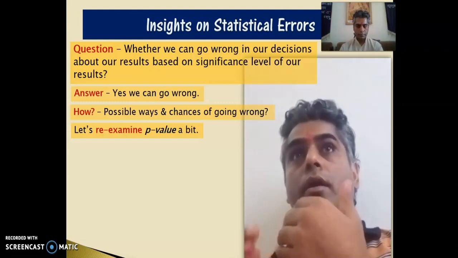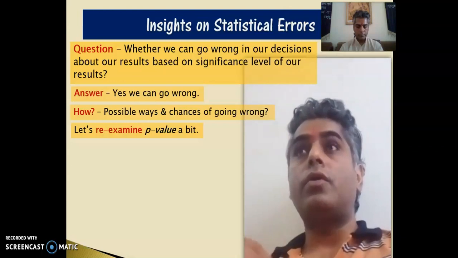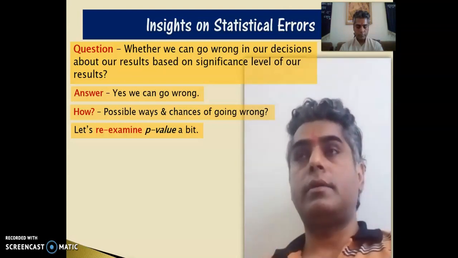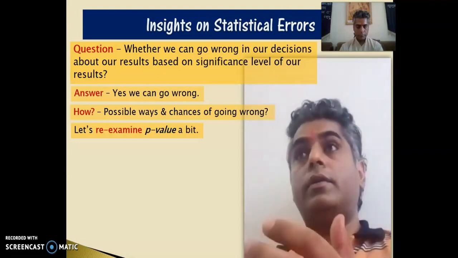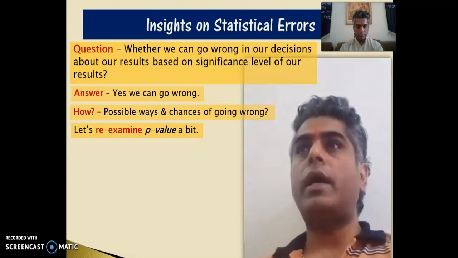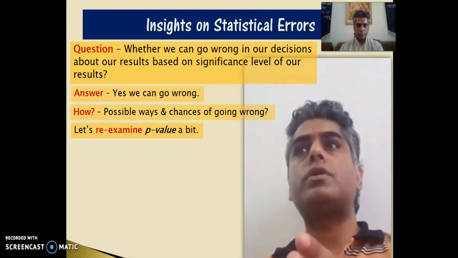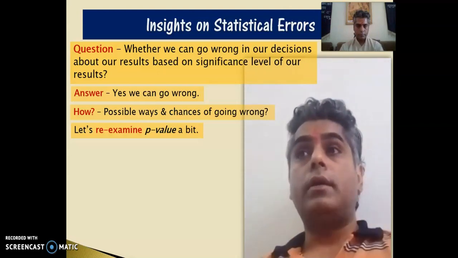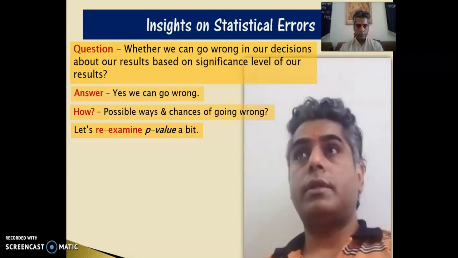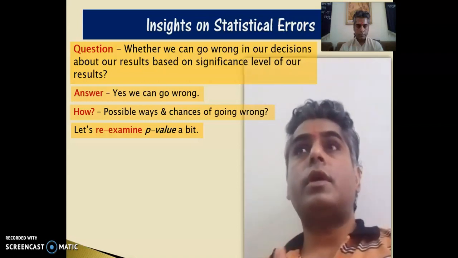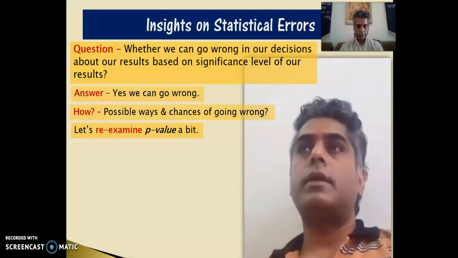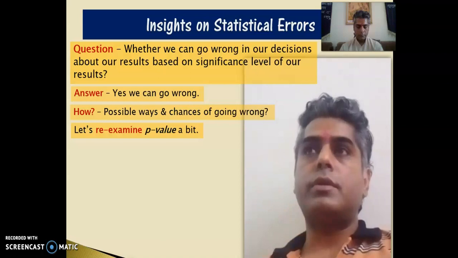So to say, significance is a contrarian concept which we would like to minimize. It's a quantity that we would like to minimize in order to arrive at the most optimal results or most optimal decisions about our results. Now, these optimal decisions are based on a very important basis, which is our assumptions.